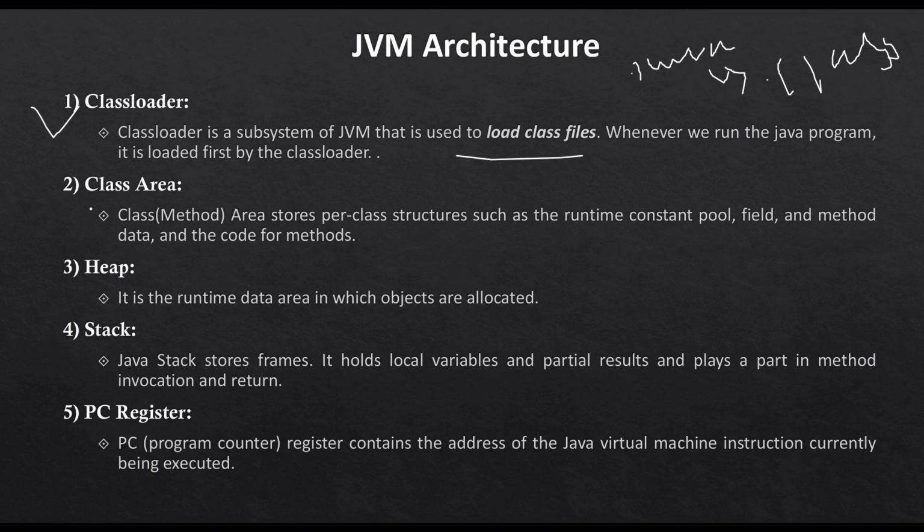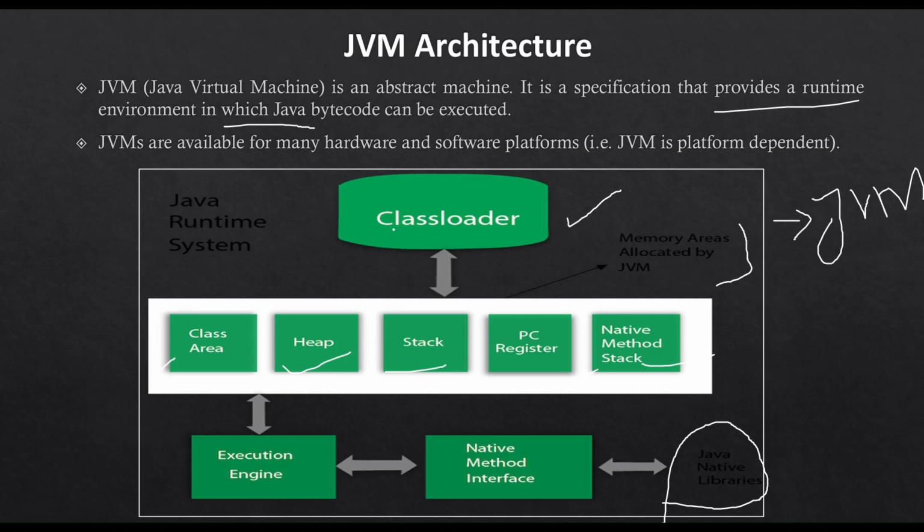Then the class area. It stores structures such as the runtime constant pool, field and method data. Class area is used for storing. Class loader loads whatever code you write.